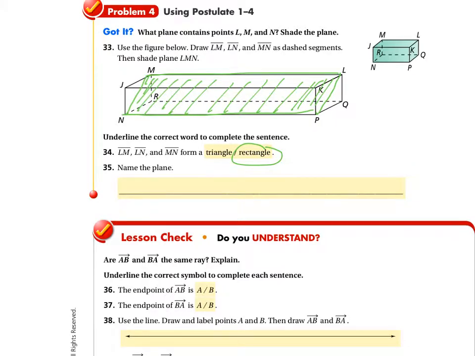Any 3 points that involved N, M, L, and P. So you could do N, M, P. You could do M, L, P. You could do, I don't know, M, N, L, etc. There's a lot of different ones you could do. And then we're going to stop here for today.